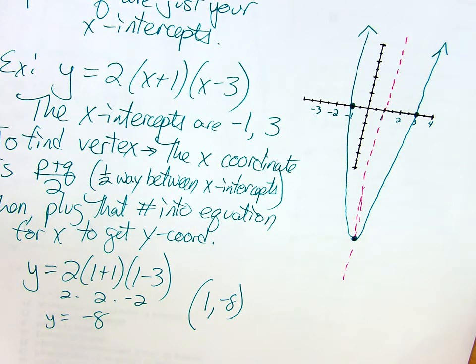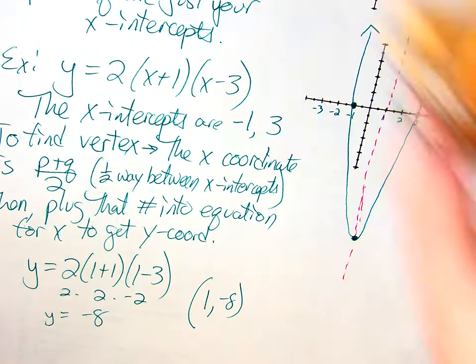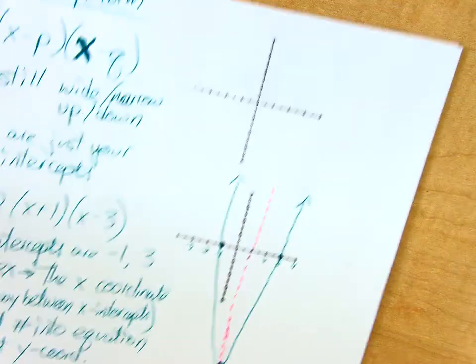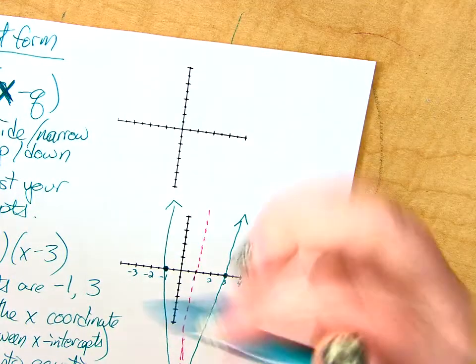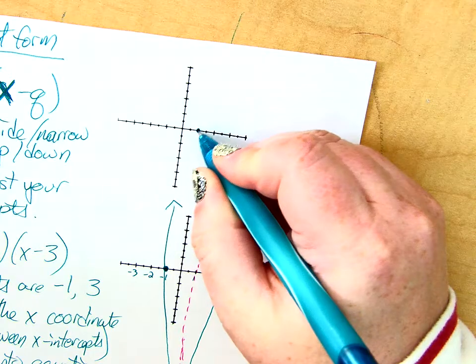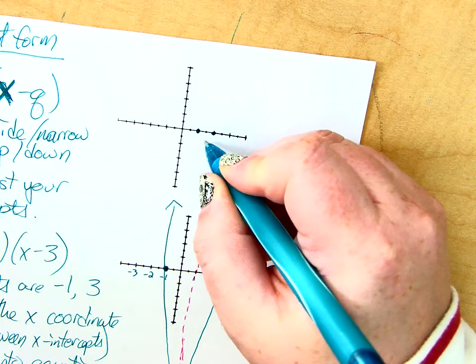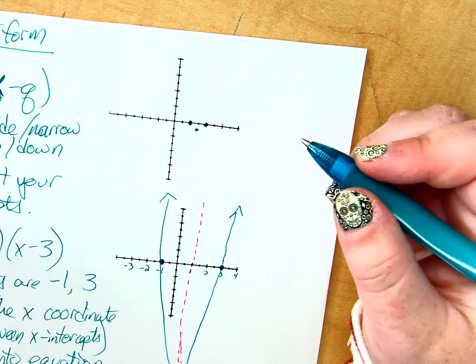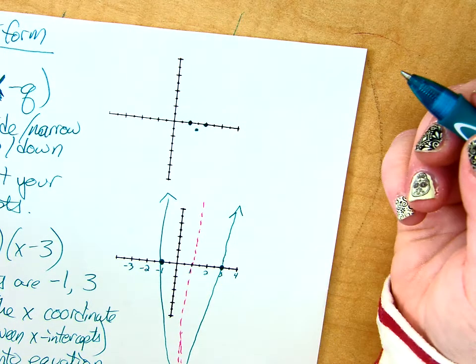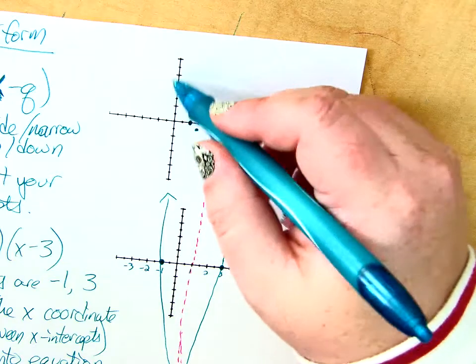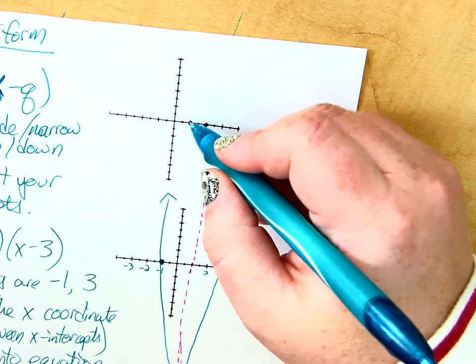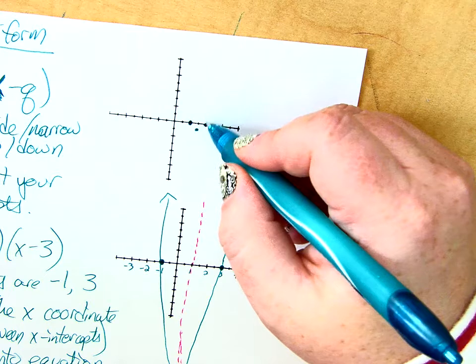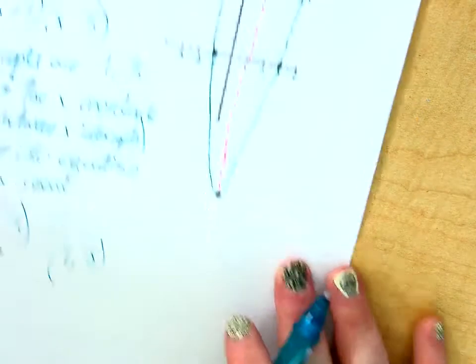So the only time that I would plug in more points is if I had something like this. Let's say your 2 x-intercepts were right near each other and the vertex was right here. Well, that's not really enough for me to make a nice, accurate looking graph. So I might plug in, find the y-intercept maybe, or some other value, because that's just not enough. Okay, but this one was nicely spaced out.